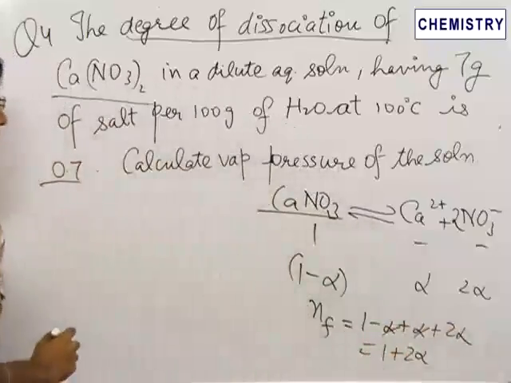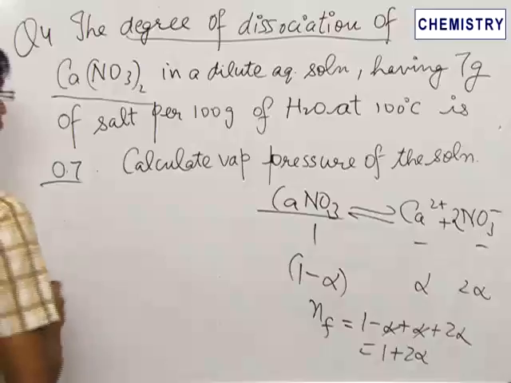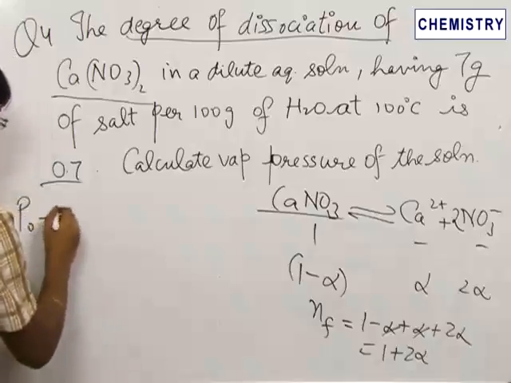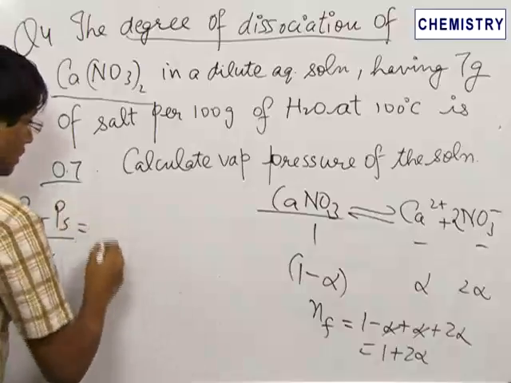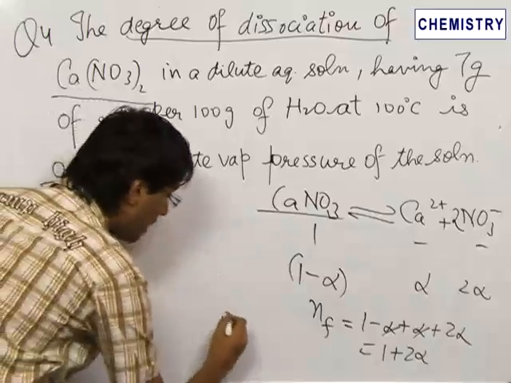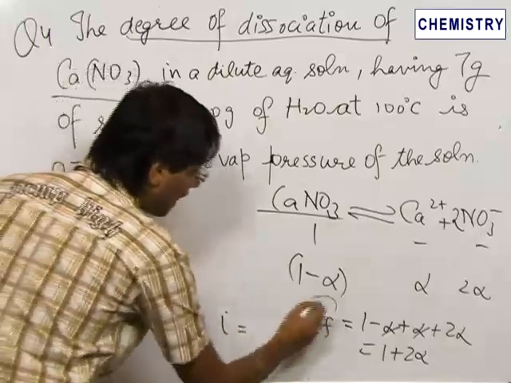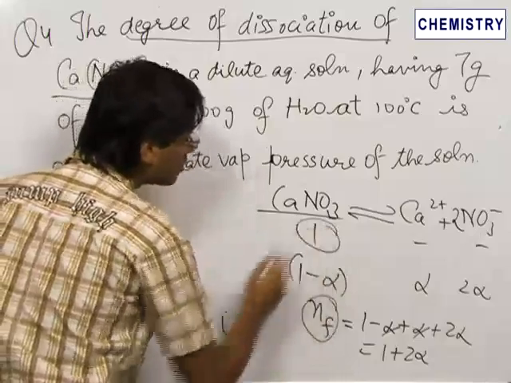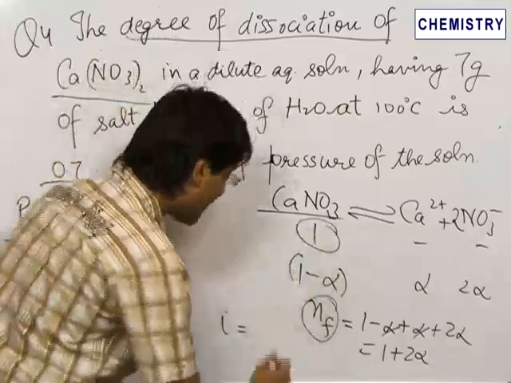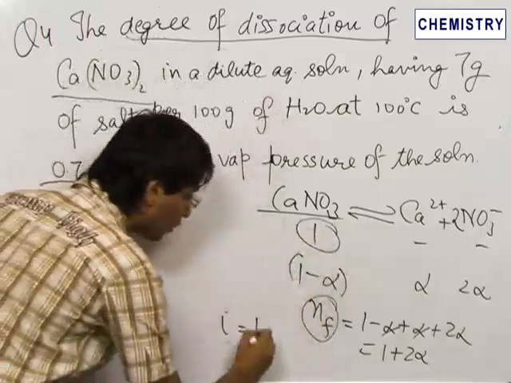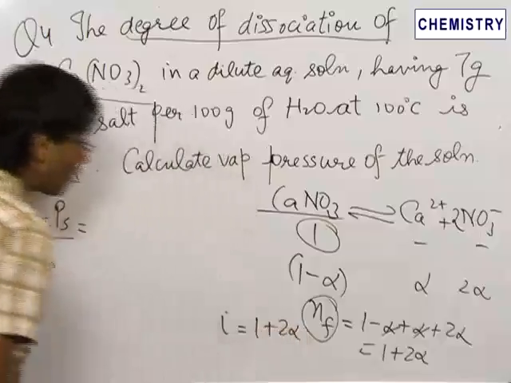So total moles after the dissociation is equal to 1 minus alpha plus 2 alpha, which is equal to 1 plus 2 alpha. Hence we can apply the formula (P naught minus Ps) upon Ps is equal to the Van 't Hoff factor i, which is final moles upon initial moles, and the initial number of moles we took to be 1, and hence i is equal to 1 plus 2 alpha.